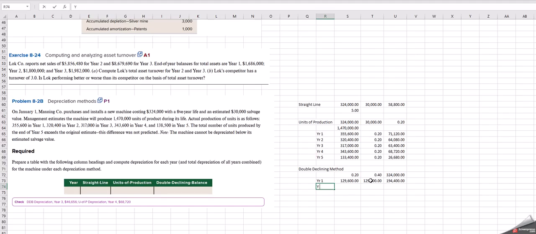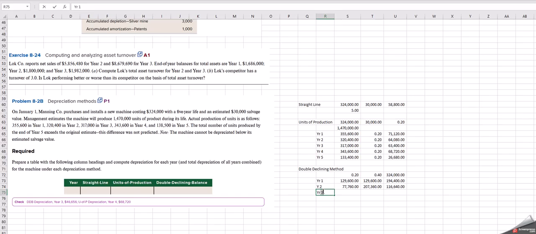Then year 2, it's going to be my book value, which is now the 194,400 times the 0.4, and that's how much is being depreciated. And then my accumulated depreciation is what it was last year plus what it is this year. And then my book value is that minus the accumulated depreciation. Or you could take the 194 minus the year 2.